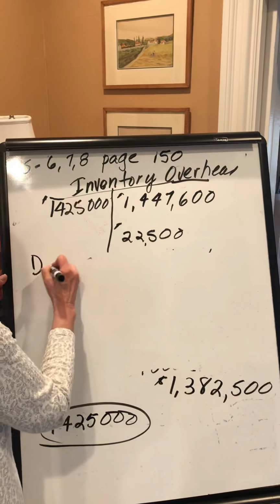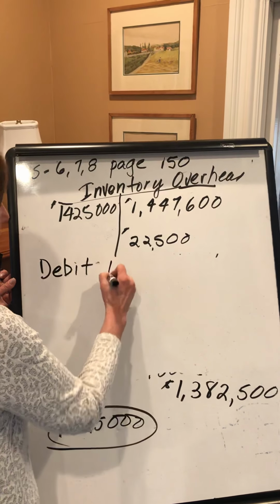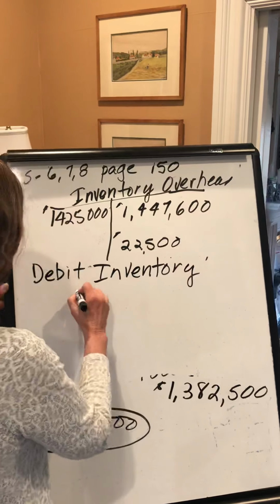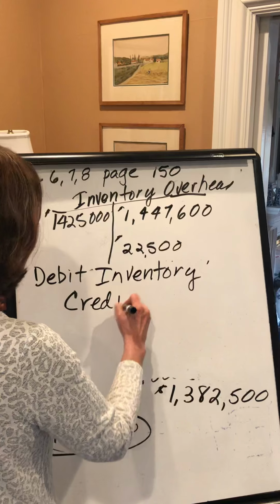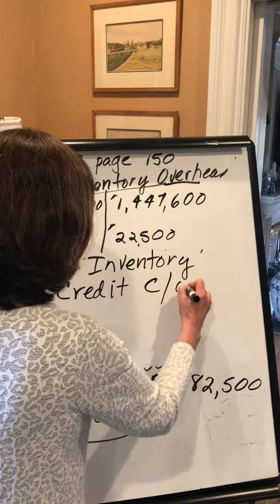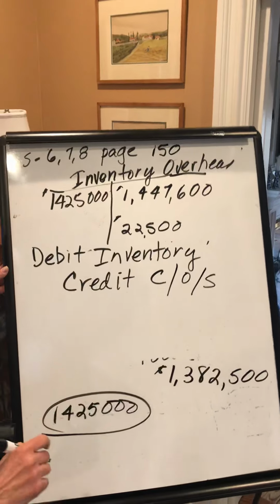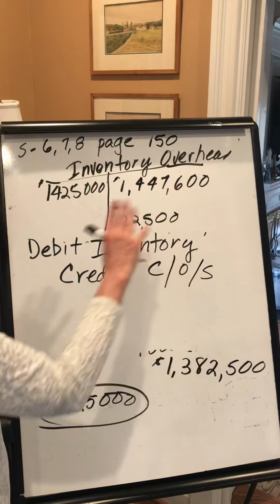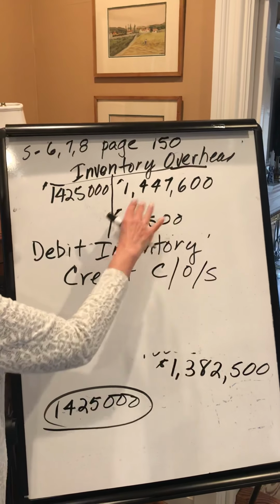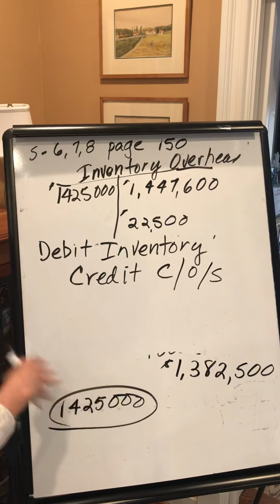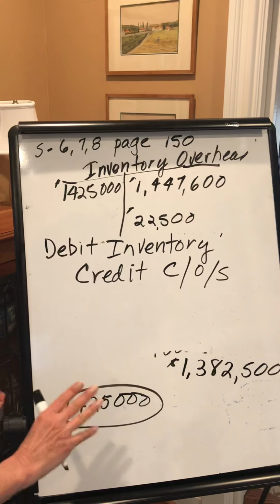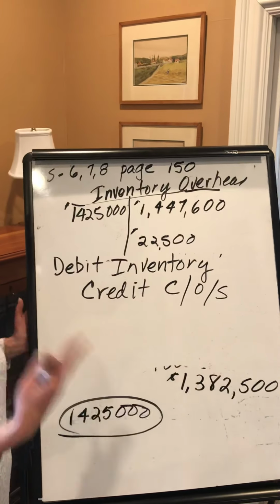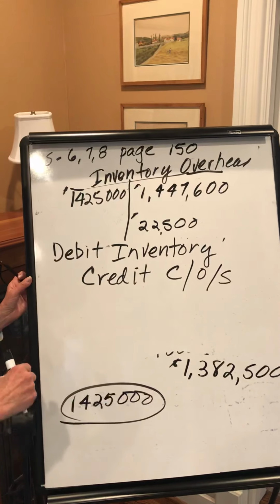So we're going to debit inventory overhead, I'll just shorten it to say inventory, and credit the only account that goes with inventory, and that's cost of goods sold for $22,500. And that then will fix at the end of the year the over allocation. Now that might not be such bad news for the management of the company because by crediting cost of goods sold, they're actually increasing net income.